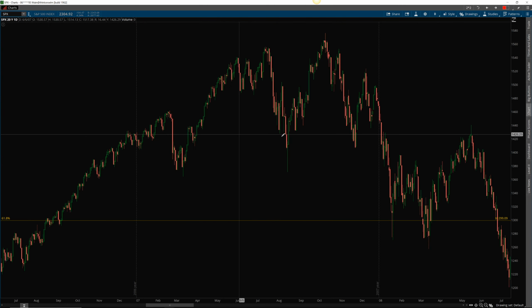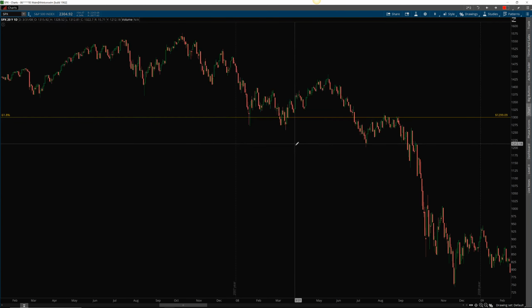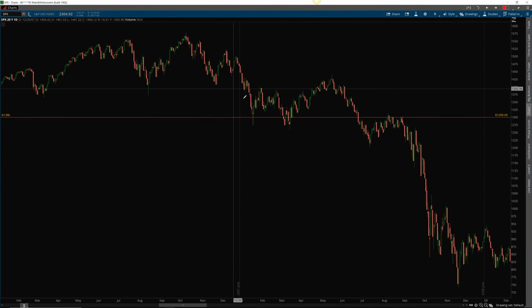Each one of these bars on my chart represents a day of price action. The market topped in October of 2007, and then the crash really started a while after. Now in this crash, people still had their jobs.